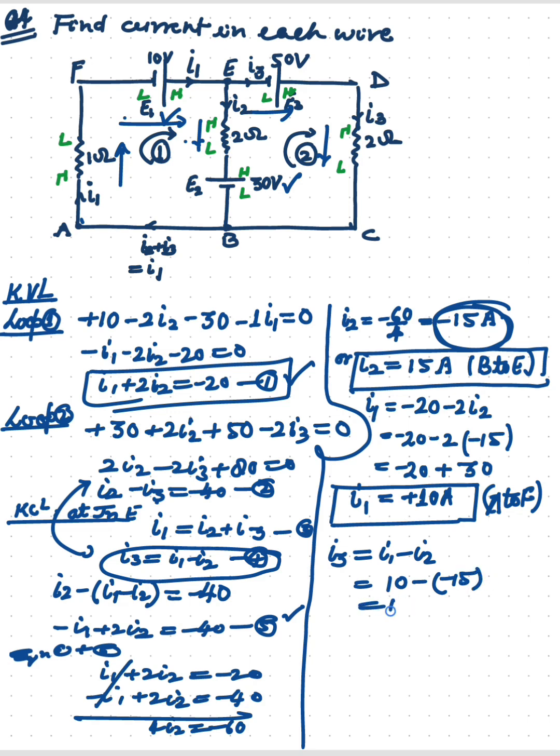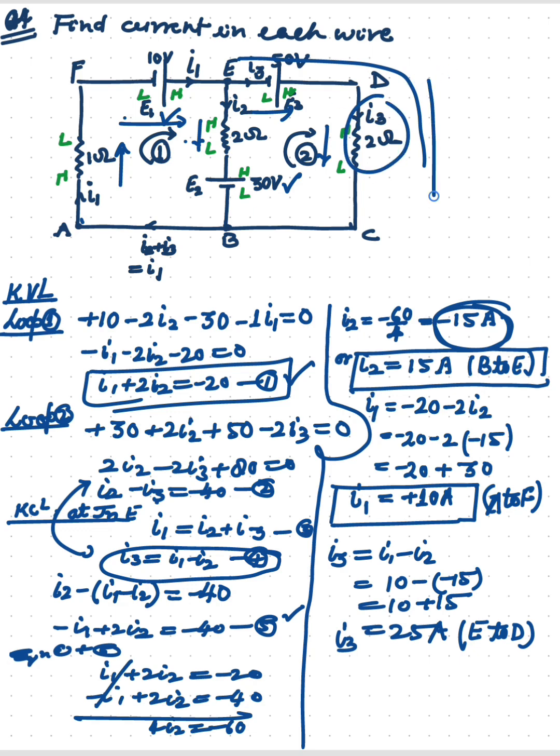So this will be what? 10 plus 15. So this is 25 ampere. So we are getting positive. That means our pre-assumed direction is correct. So I3 is in this direction, E to D. So this direction is E to D, or simply in this wire, this will be D to C. So we can write D to C.